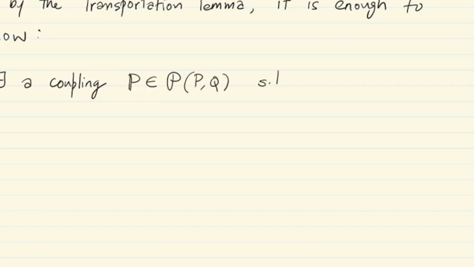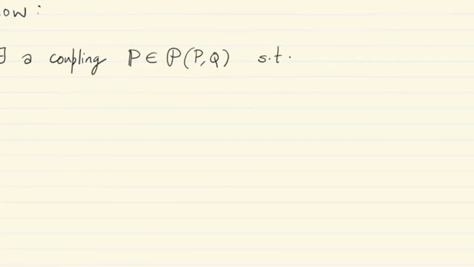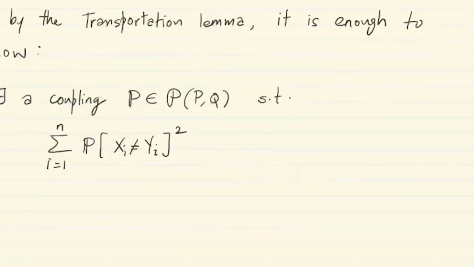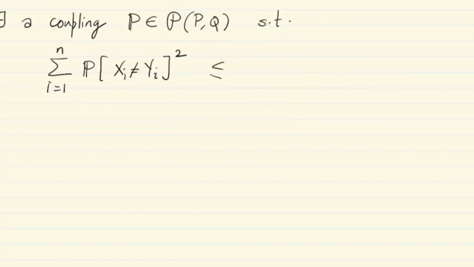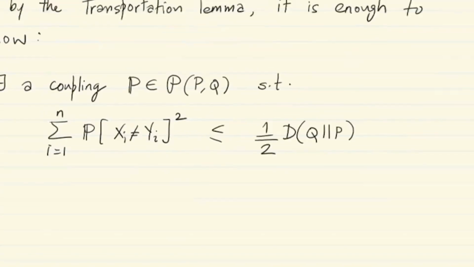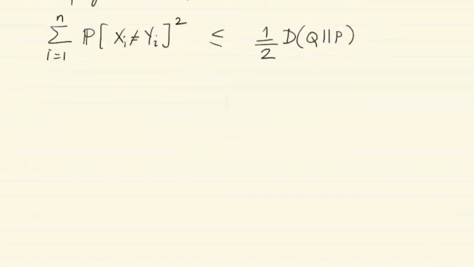such that the sum over all i of the probability that xi not equal to yi, whole squared, is, let's say, at most some multiple of the KL divergence D(Q||P) divided by 2. Okay, so it is enough to show this kind of property.